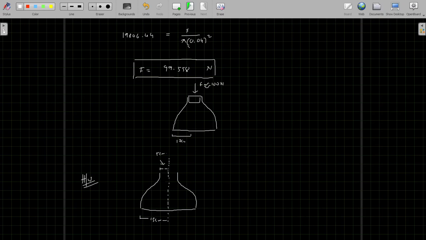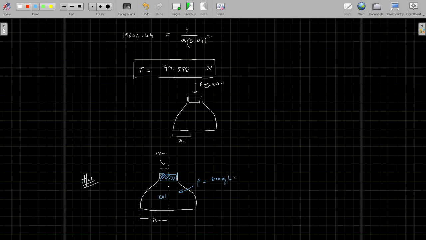Let's say it is holding some kind of oil, whose density rho is 800 kg per meter cube.